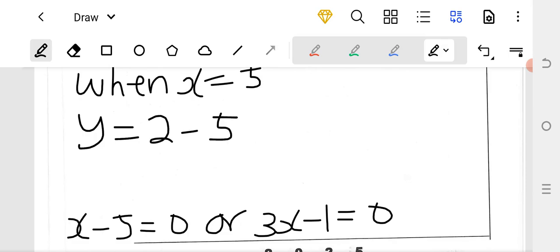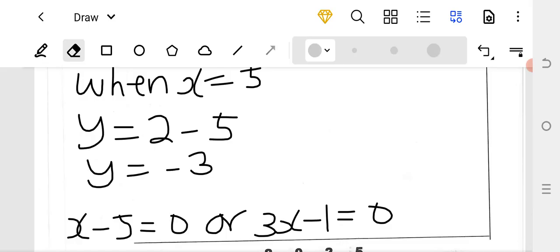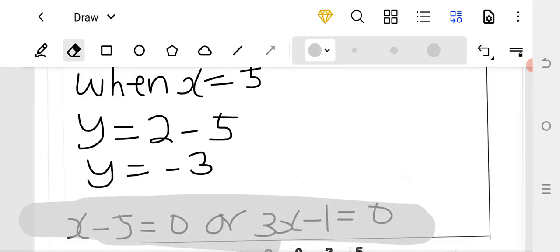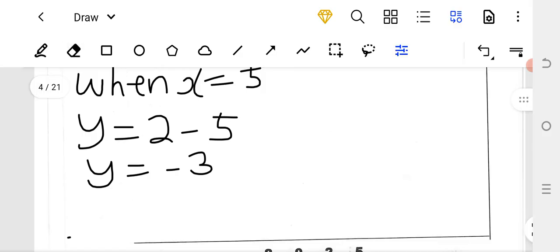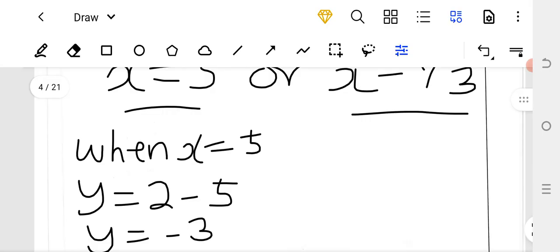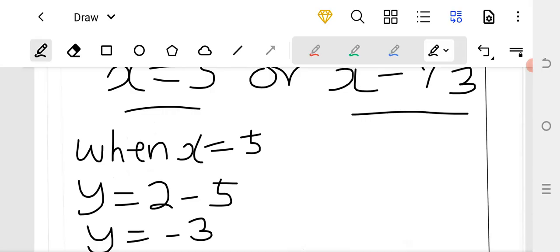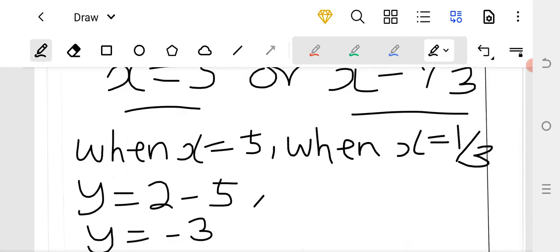In this case, x is 5, y is equal to a negative 3. We clean up, and then this side will say when x is equal to 1 over 3, y is equal to 2 minus x, x is 1 over 3.